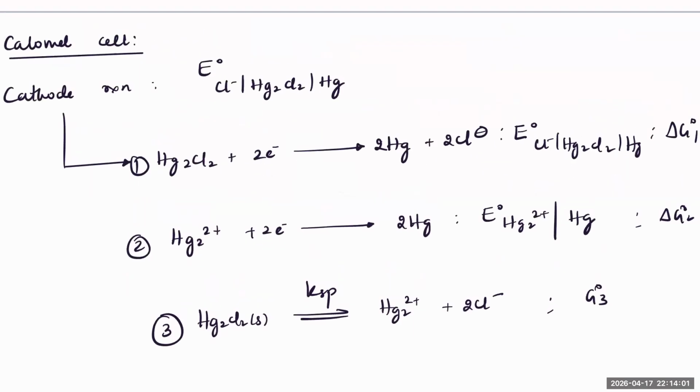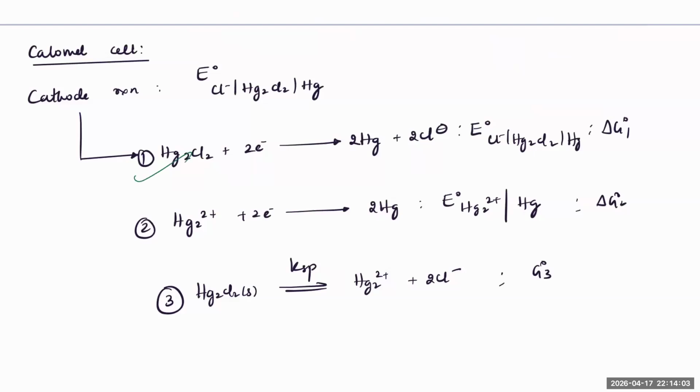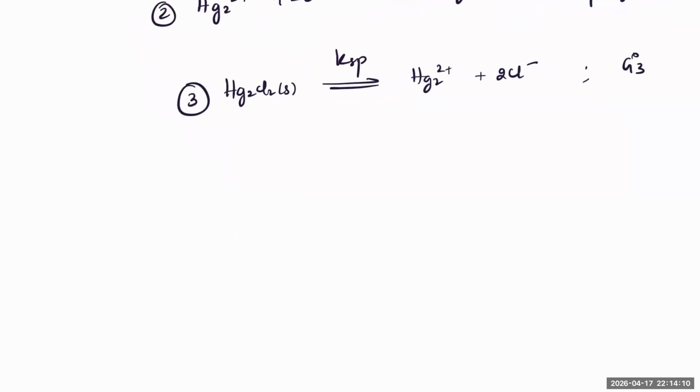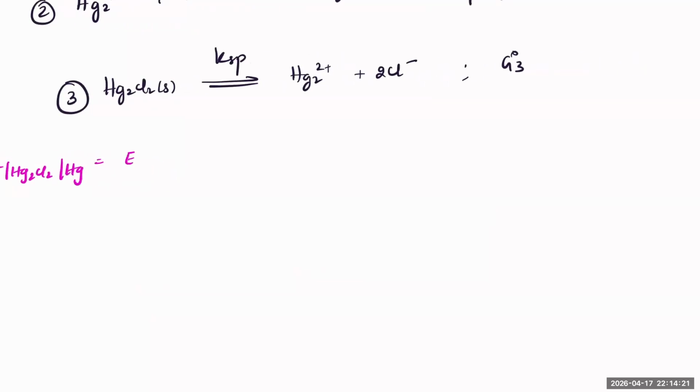So imagine the same for the calomel cell, given these three equations here, correct? Then the equation that you will get here is E naught of Cl minus to Hg2Cl2 reducing to mercury, that is equal to E naught of Hg2 2+ to 2Hg plus 0.0591 by n log of Ksp.